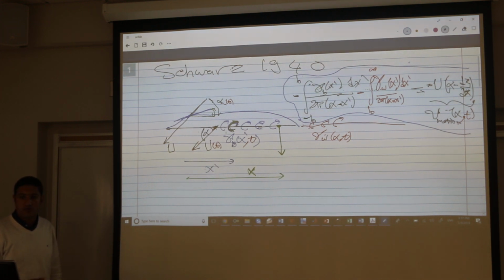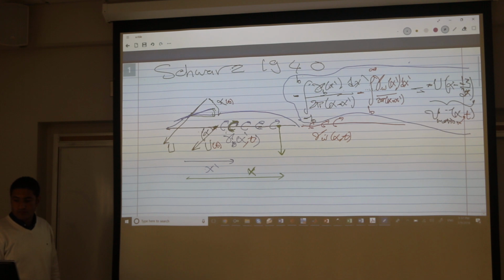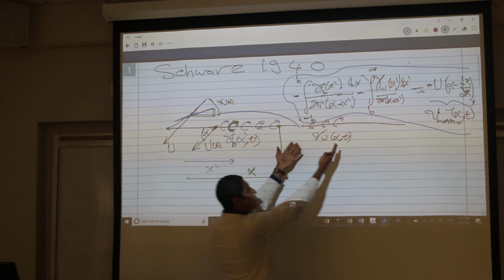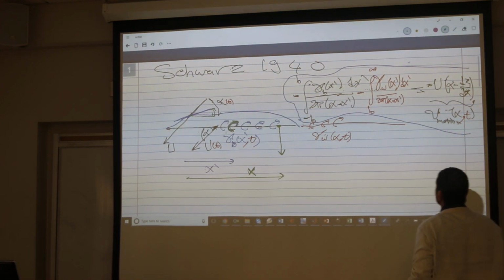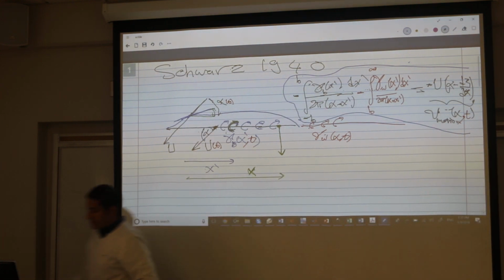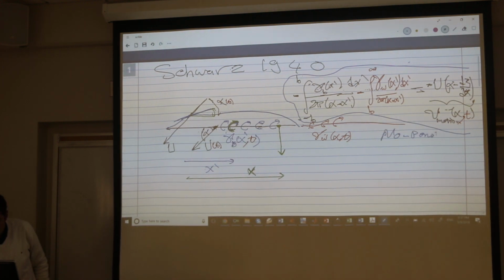Is it the Kutta condition? What does this equation represent? No penetration. Exactly. This is the no penetration boundary condition. The normal velocity of the flow is equal to the normal velocity due to motion, right? This is the no penetration boundary condition.